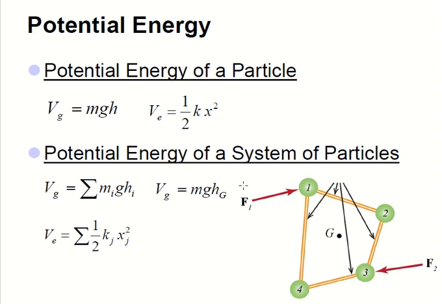And then your potential energy of the system of particles, we are going to look at the system in terms of the particles in that system, and we can calculate by using i for the total number of particles in that system, and we use the same equation here. And of course, for potential energy, you need a height, and that height is definitely calculated from the point G of that system.